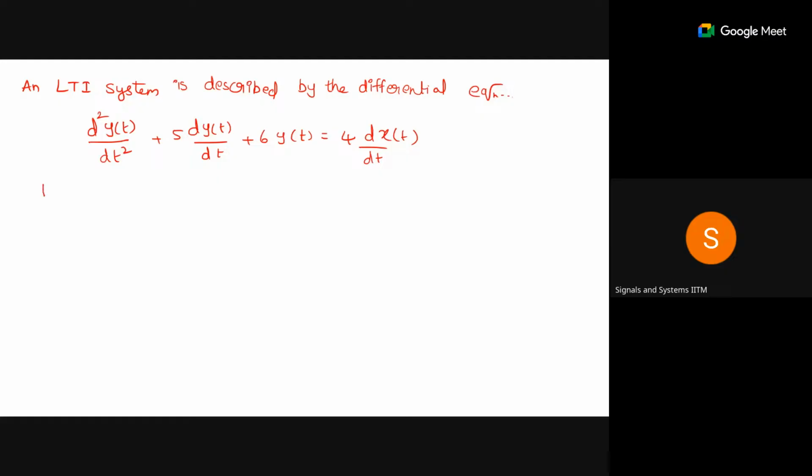We have to find the frequency response, that is H of j omega.